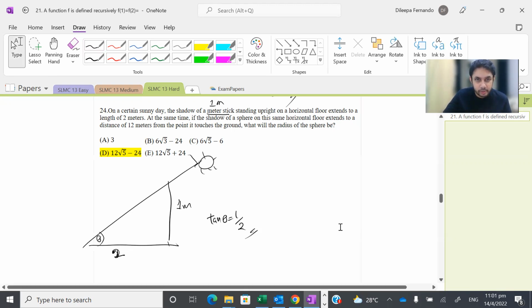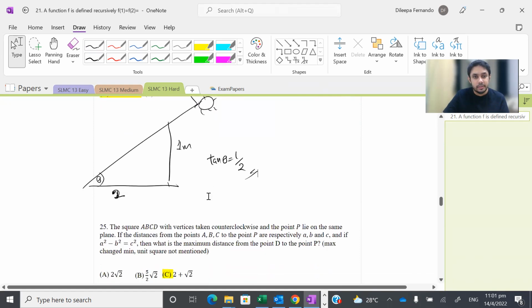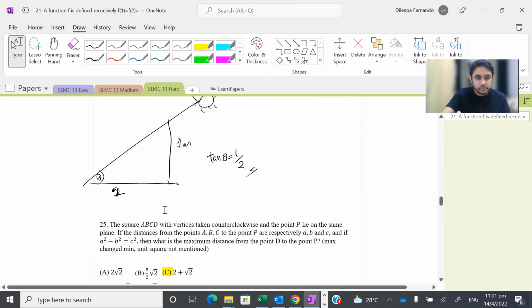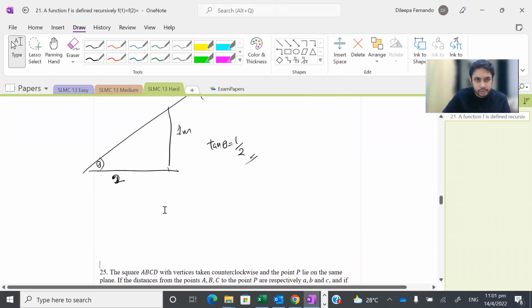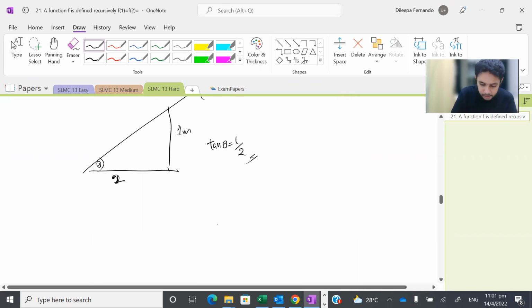Okay, now we know the angle of the sun, but the shadow of the sphere extends to a distance of 12 meters. Why? Yeah, the dimension of the sphere is different. So now let's see how it looks. Sphere is there, sun is there.